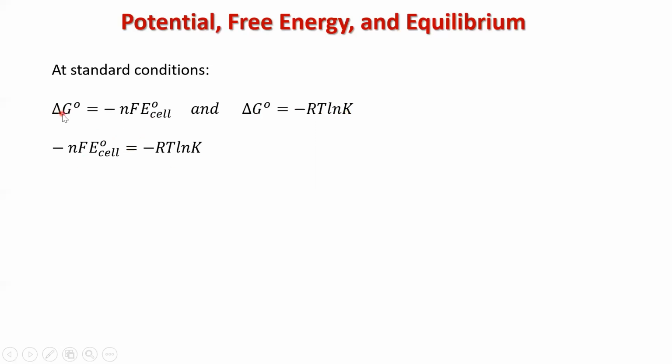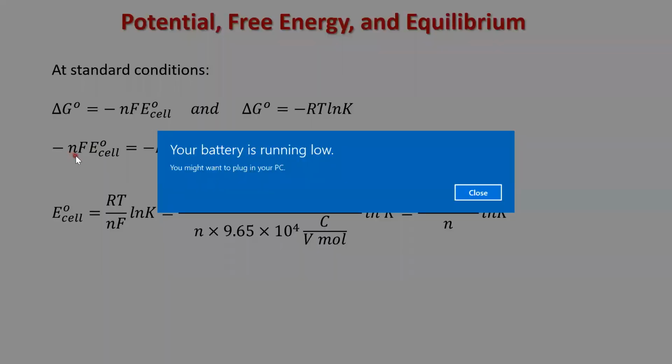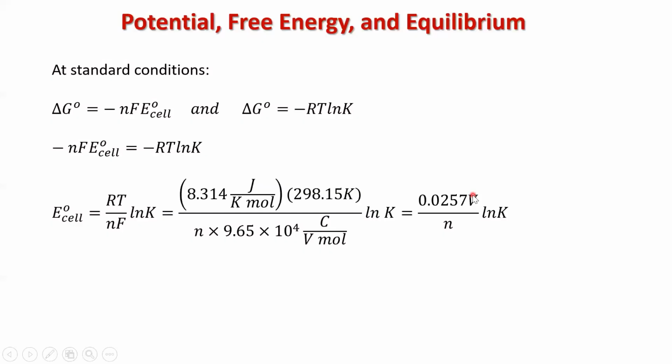Since we've got delta G here and we've got delta G here, this value equals this value. If we want to calculate just the potential difference, we would just divide both sides by negative NF, and that gives us a new equation.